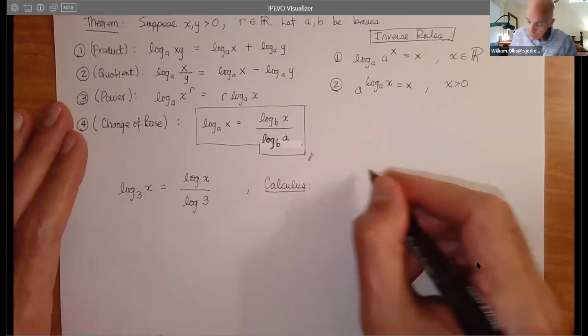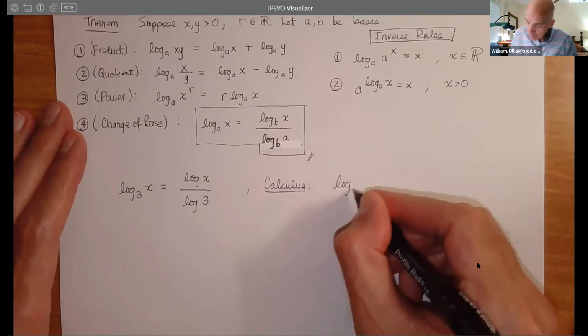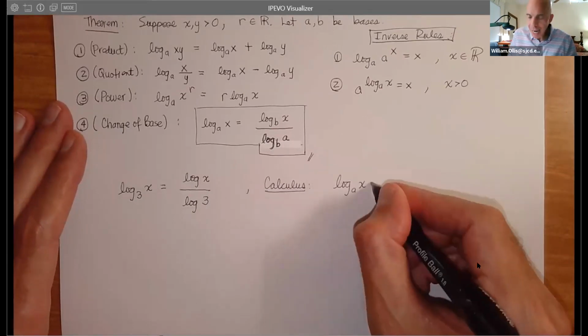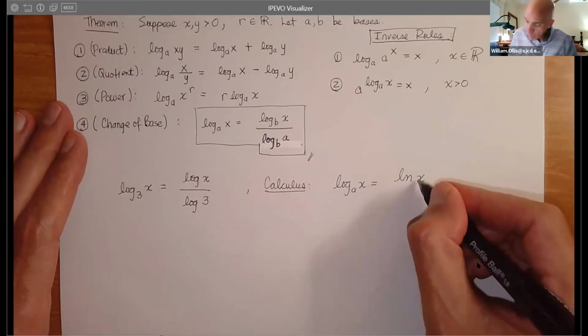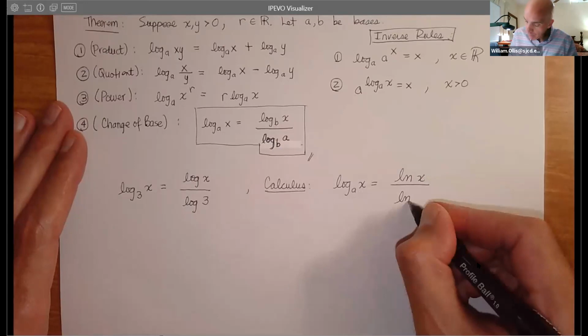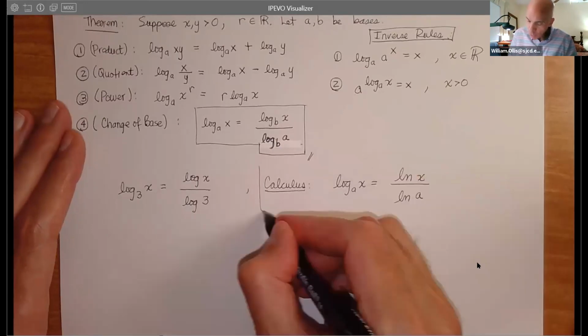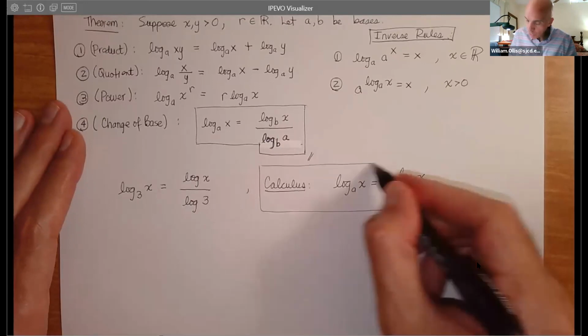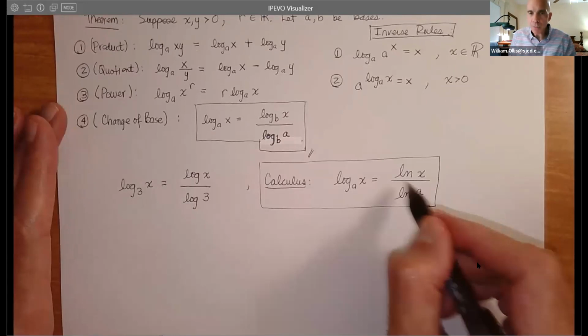And then, of course, in calculus, we do this. We say if we have some base, any base a, we change to the natural base by just writing ln of x, and then we take the natural log of the old base. So this is what we spend time doing in calculus, and we write all of our differentiation formulas and integral formulas using this change of base.